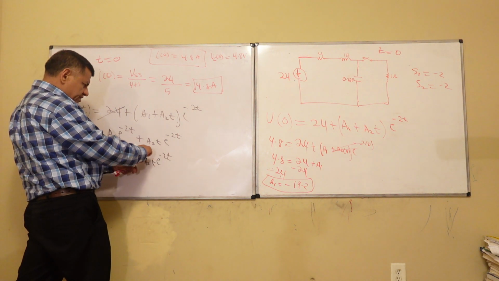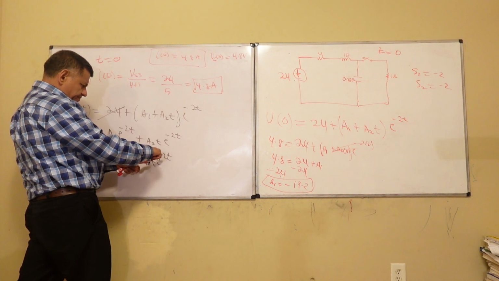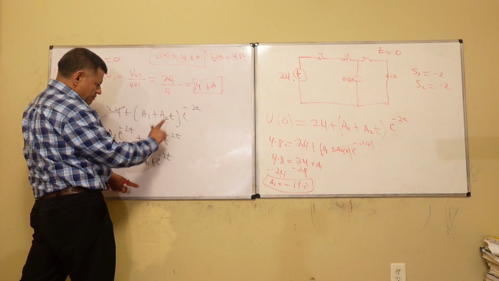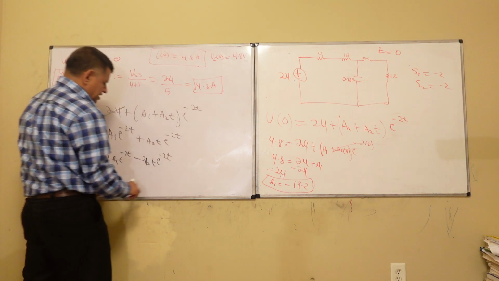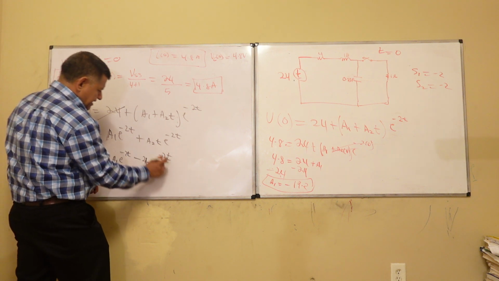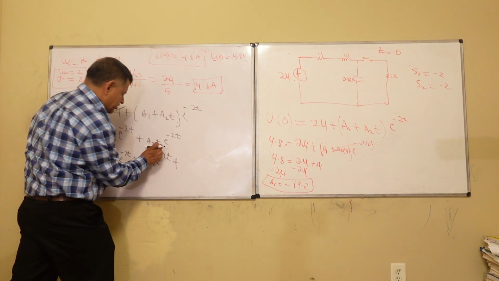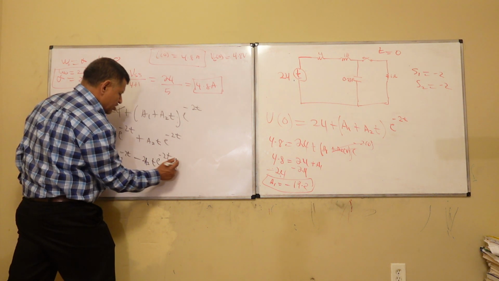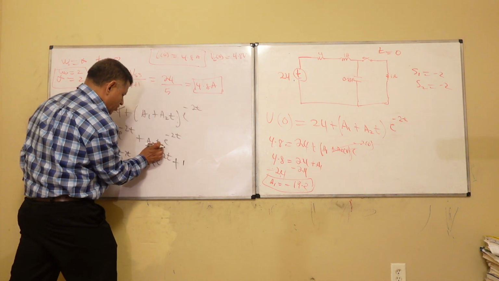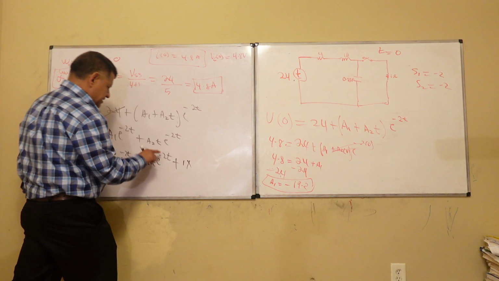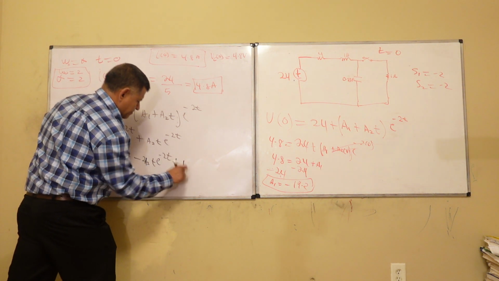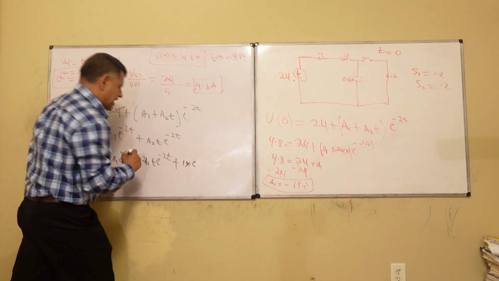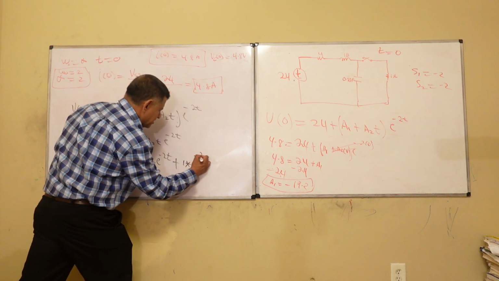So now the derivative of t is 1, times e to the 2t.